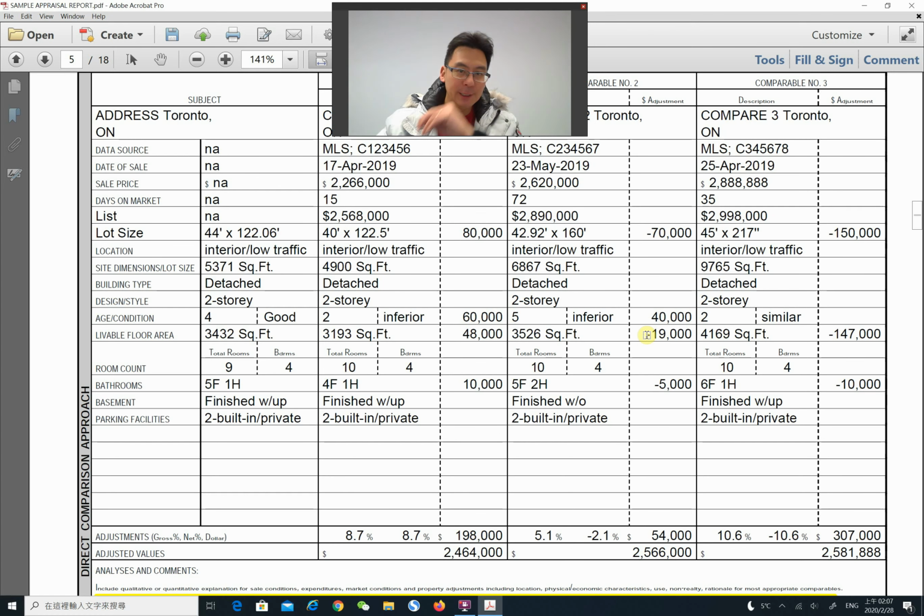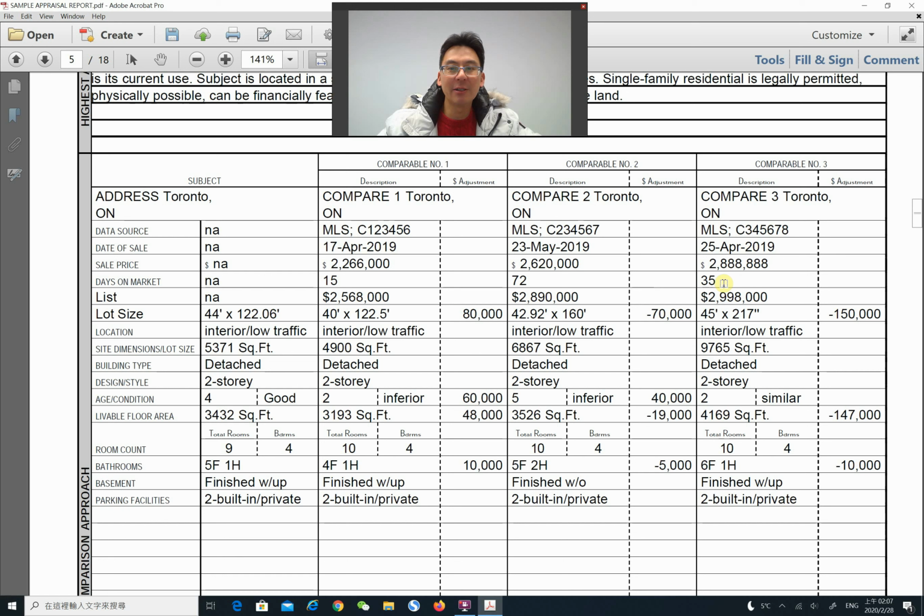If you find that these three comparisons are not reasonable for whatever reason, maybe your realtor tells you, or your client's realtor tells you, that no, this one is backing onto a busy street, this and that. If you have any argument that you think would support a higher value of your client's house, these comparisons are what you use to argue.